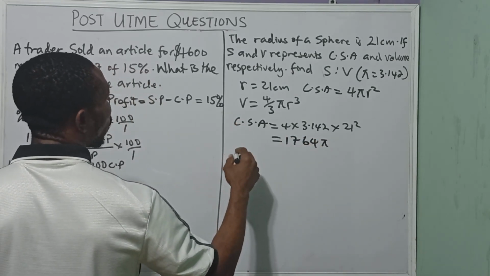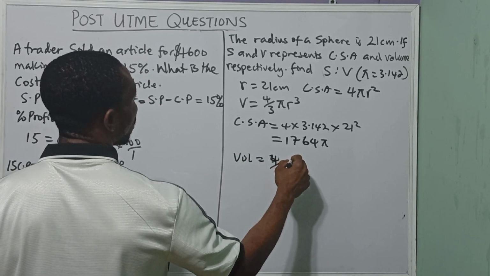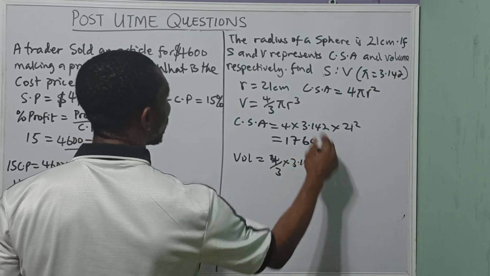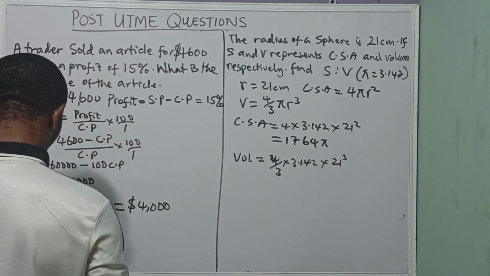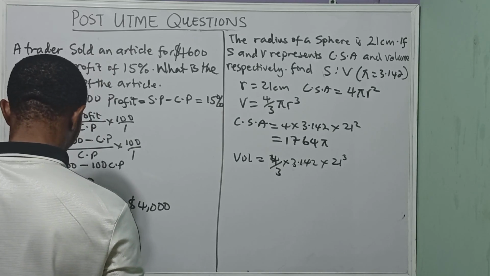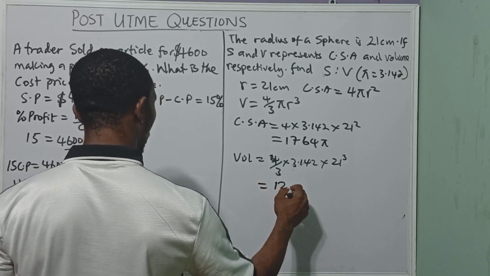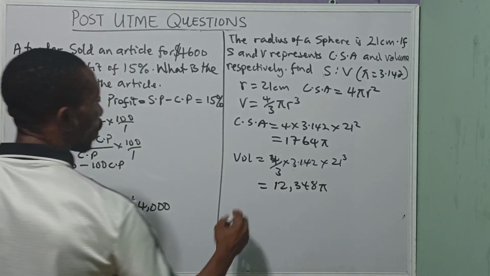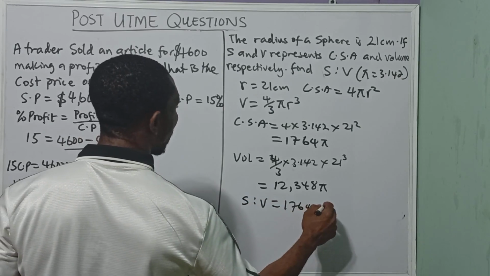And our volume will be 4 over 3 times pi, our pi is 3.142, times 21 cube. So this gives us 21 times 21 times 21 times 4 divided by 3, which would give us 12,348 pi.